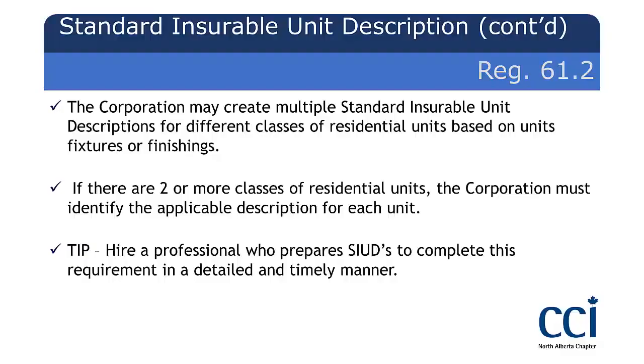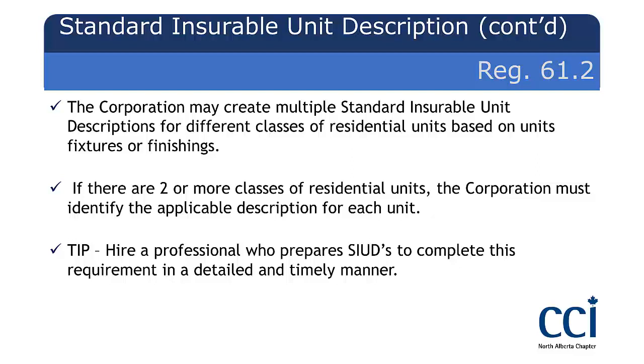Now, I appreciate for newer buildings, this is going to be a simpler process than the older buildings to try to go back in time as to what is a standard unit description. If there are different types of units, the corporation can create multiple standard insurable unit descriptions for different classes.